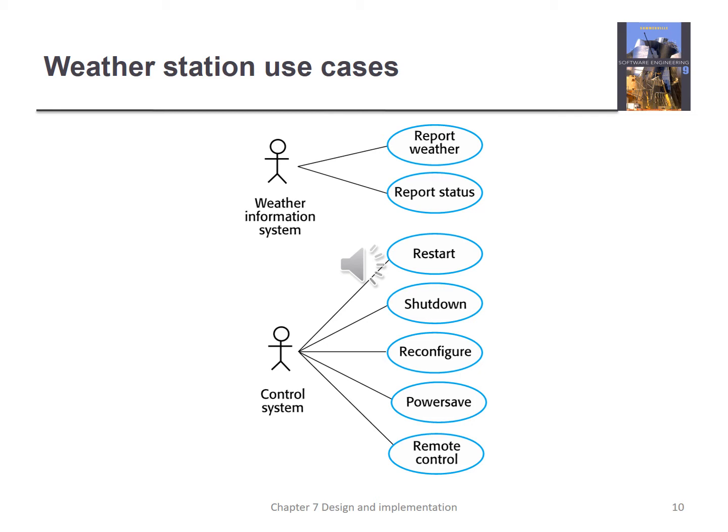Power save, to save power when we have less power, and remote control. The weather station information system reports weather and reports status. So really these are like use cases for those actors.